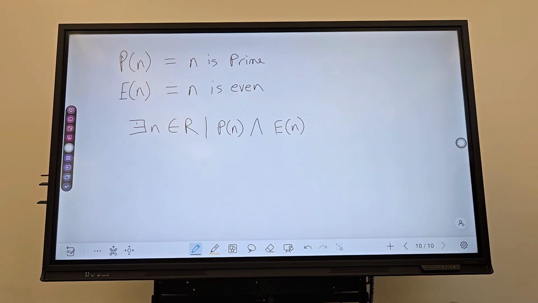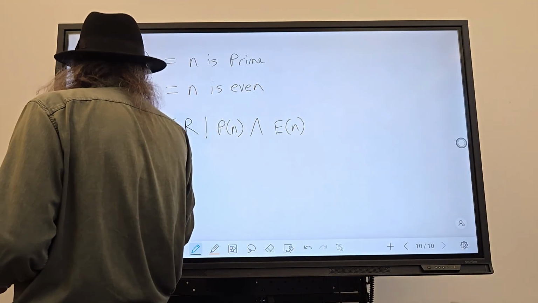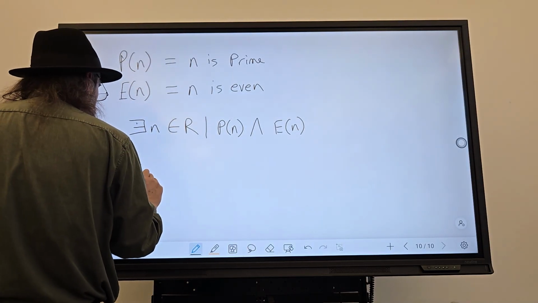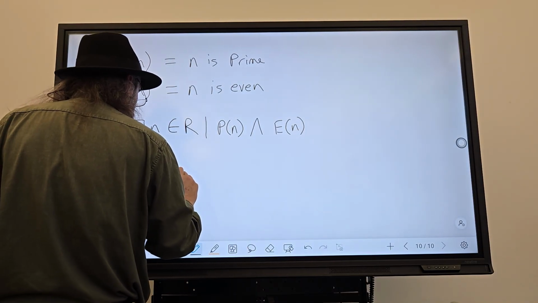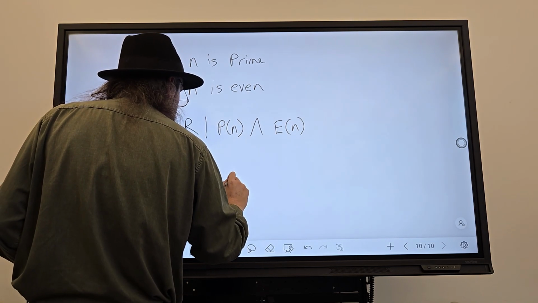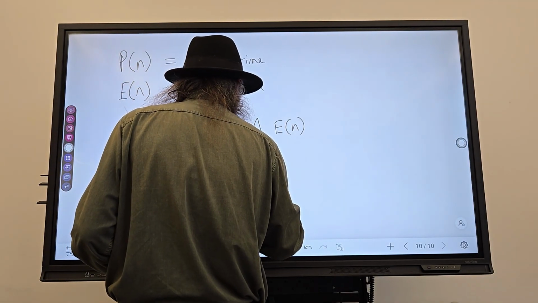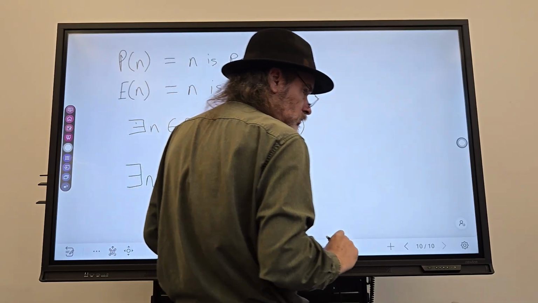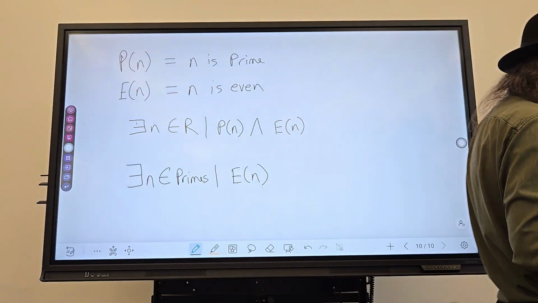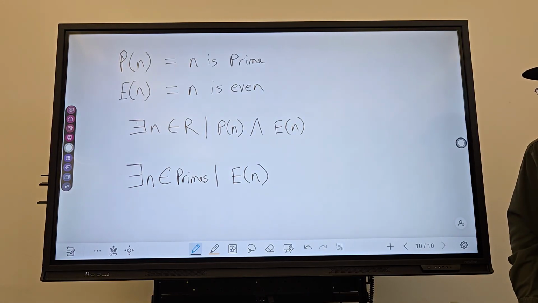Or you could say there exists an element of primes such that E of n, by looking at the subset, because primes are a subset of R.